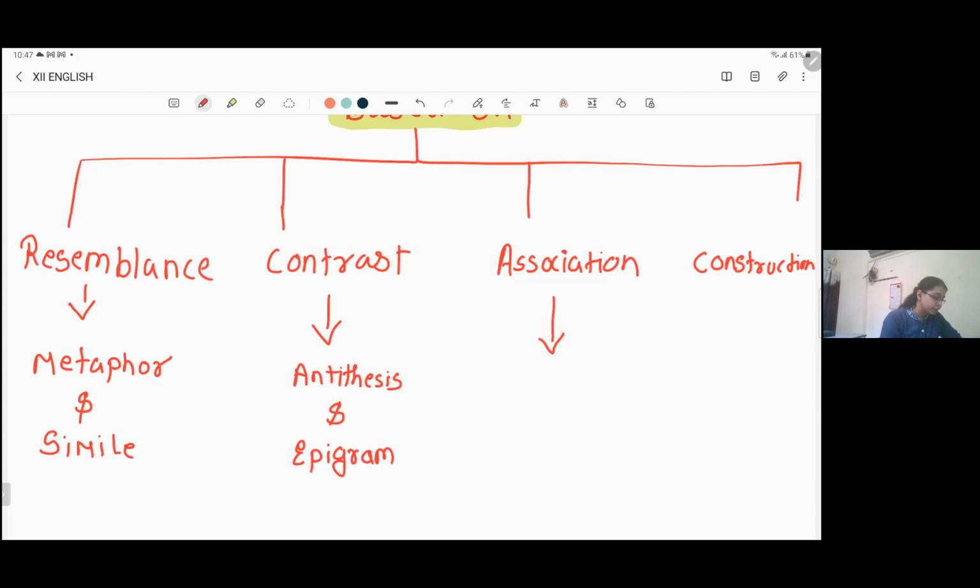Below association, there are 2, that is metonymy and synecdoche. Below construction, climax and anticlimax.